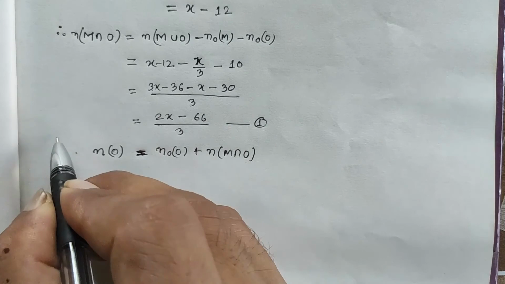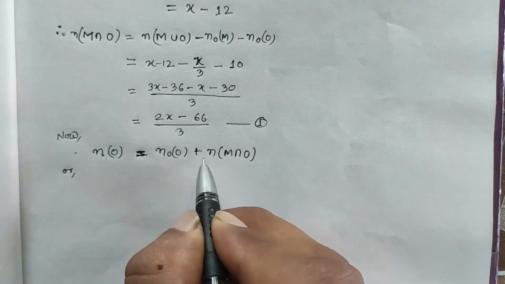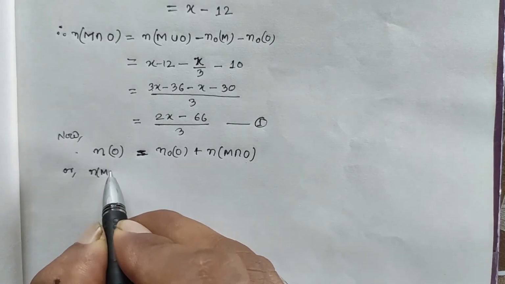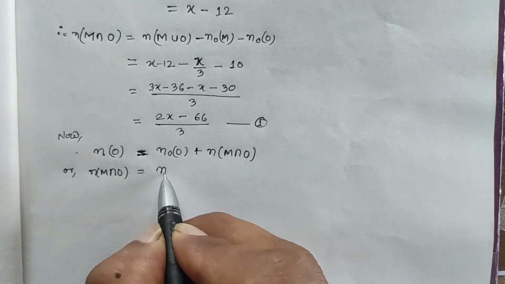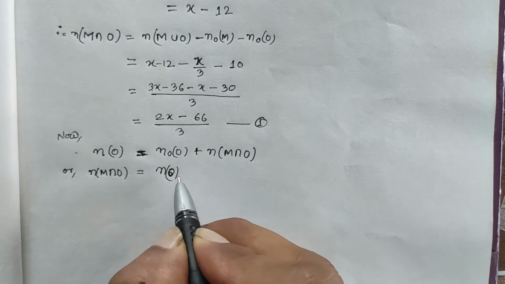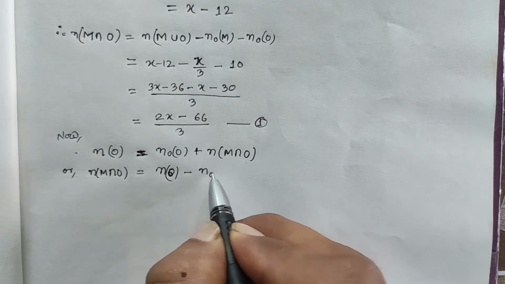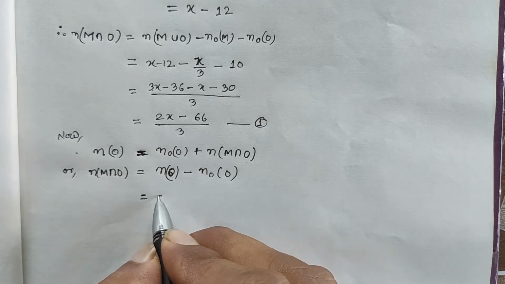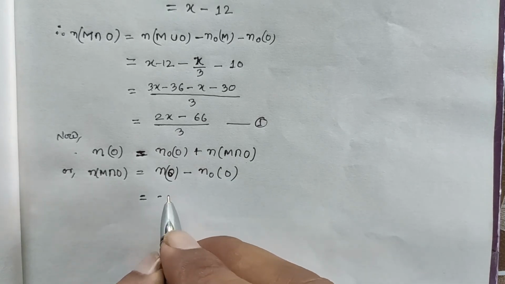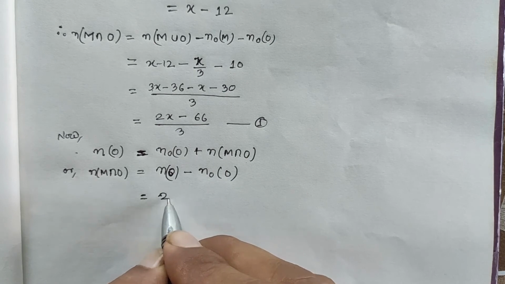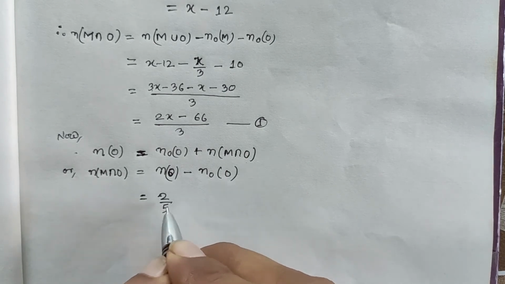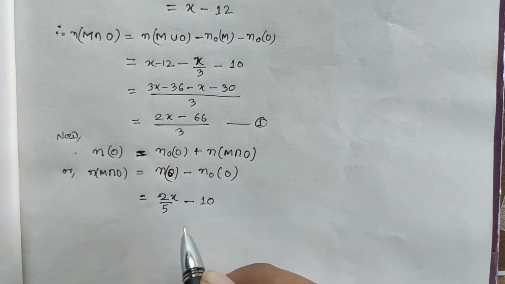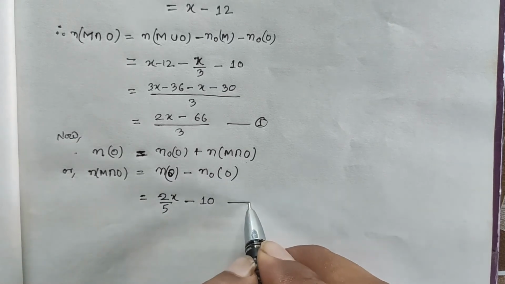So n(M intersection O) is n(O) minus n only O. n(O) is 2/5 of x, or 2x by 5, minus n only O, which is 10. So this is equation 2.